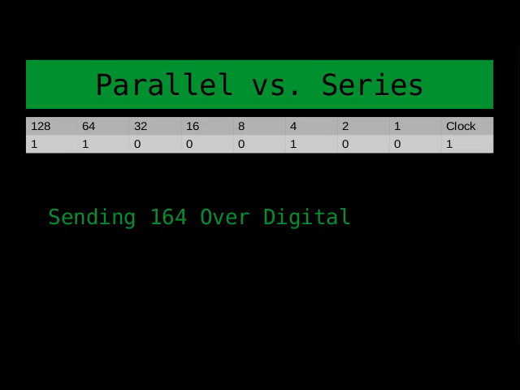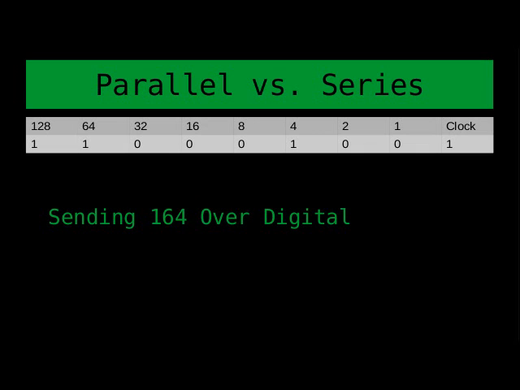That one data wire becomes the 128 bit wire, and then the clock triggers. So it sets and triggers. And then the next one is going to be 64. It sets 64 to a 1. That's that same wire it's going to use to send it again. So it sets it, and then it triggers the clock again.